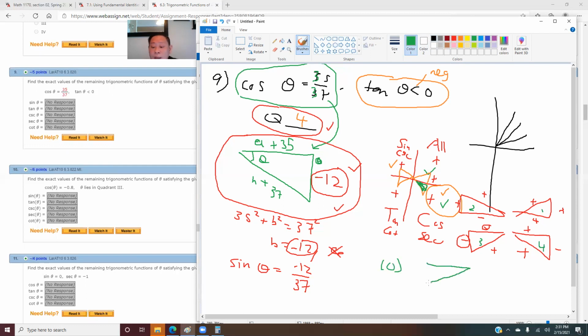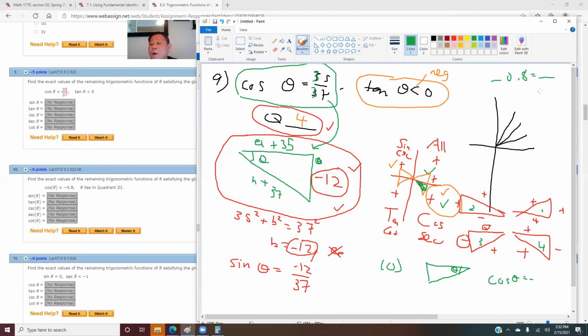Don't forget, your x and your y have to be what sign? Negative. This is cosine, right? It's given that cosine theta is negative 0.8. Can you change negative 0.8 into a fraction? How many decimal places do you move here?